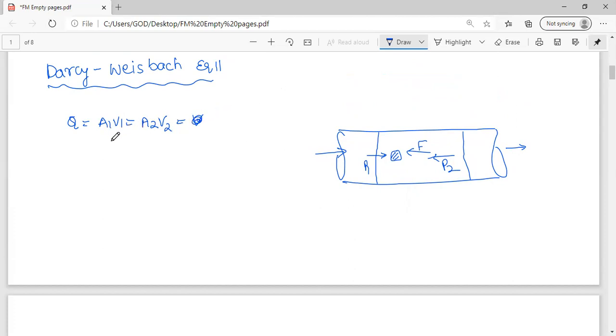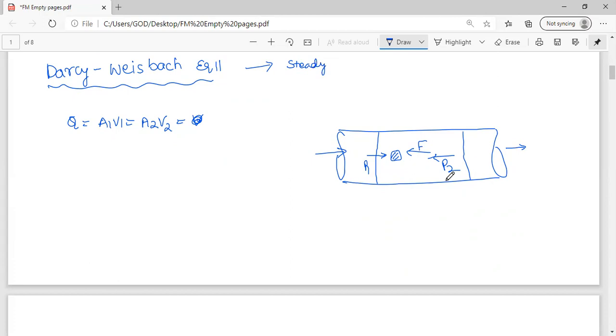For the Darcy-Weisbach equation, I am taking four assumptions. The first assumption is the fluid is steady in nature. The cross section of this particular pipe is the same throughout, and the next assumption is the fluid is irrotational.